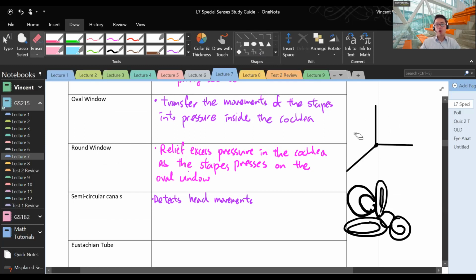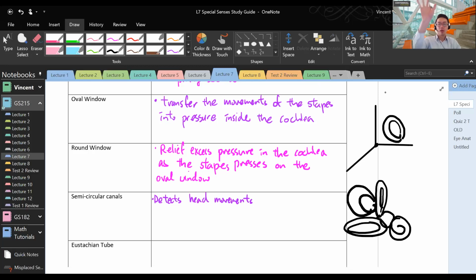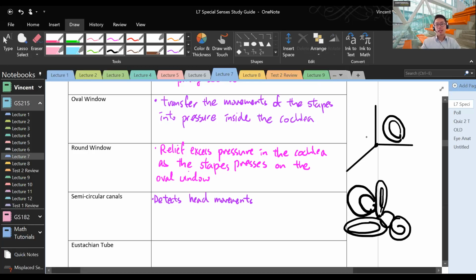You have one wall, and then the floor. The posterior semicircular canal is going to be parallel to the wall in front of you. The anterior semicircular canal is parallel to the wall on the side, and the lateral is parallel to the floor.